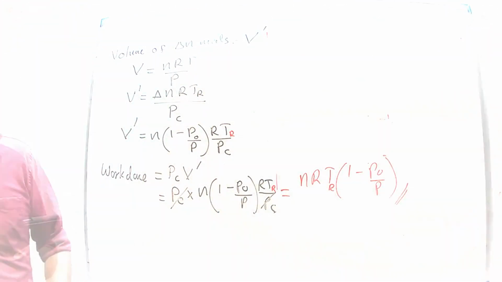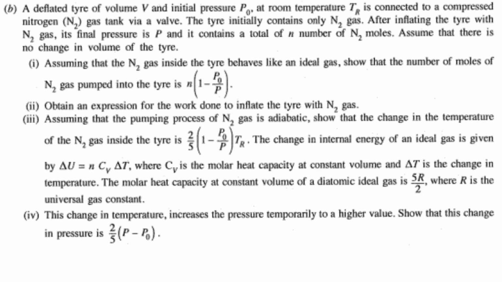Then part 3, assuming that the pumping process of nitrogen gas is adiabatic, show that the change in temperature of nitrogen gas inside the tire is 2 over 5 times 1 minus P naught over P into TR.